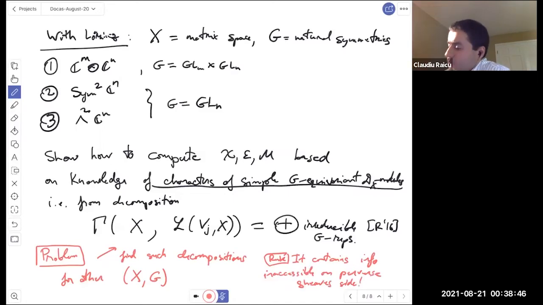So the results themselves are not particularly new for the matrix spaces. These computations appear, based on different methods, in several different papers.